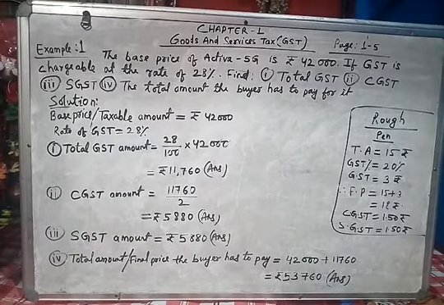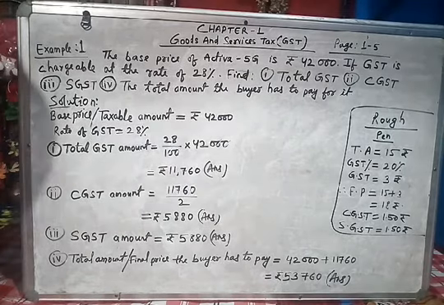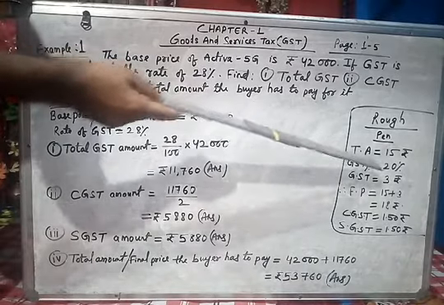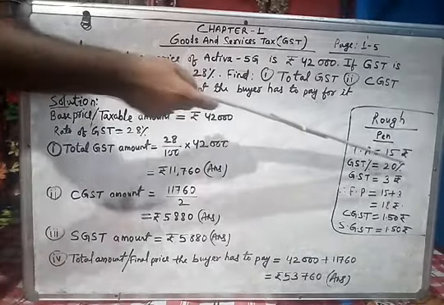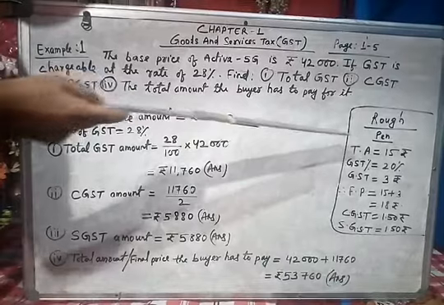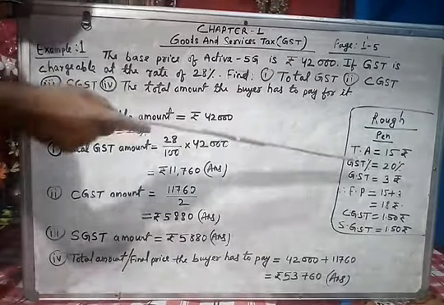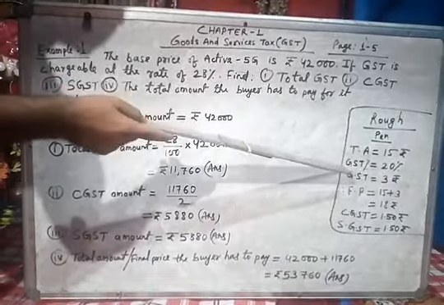So very easy and very important, children. I think you understood that the tax is equally divided into two parts, one for the central government and the second for the state government. One more small example I have given. Suppose there is a pen whose price is 15 rupees, but the shopkeeper says there is 20% GST on it.